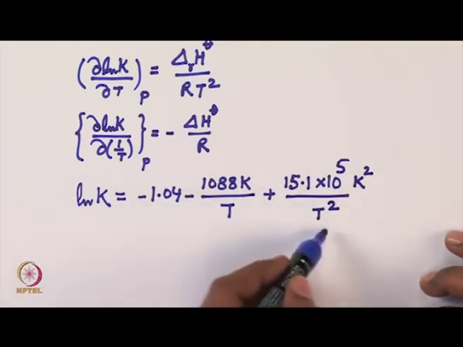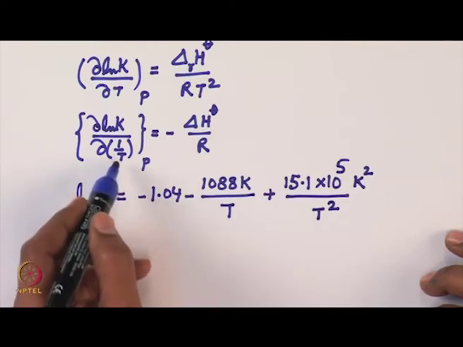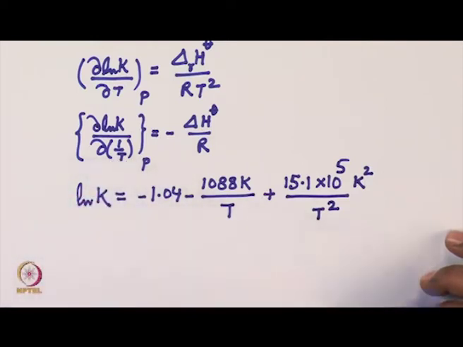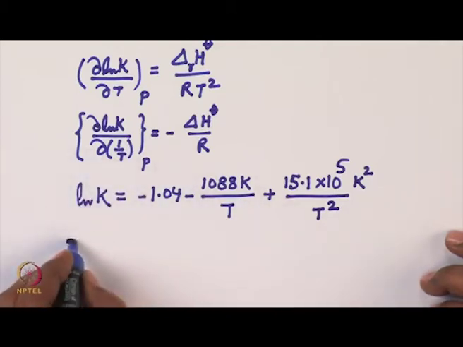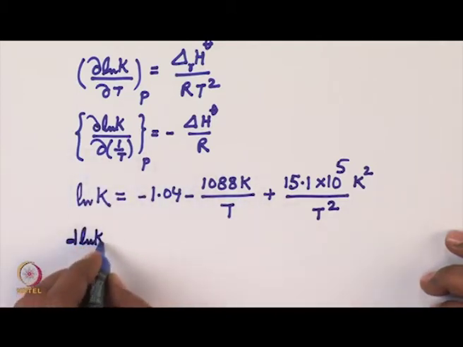What I have is T in the denominator. That is why if I differentiate with respect to 1 by T, it will be easy. Now let us differentiate this with respect to 1 by T. D log K d 1 by T.